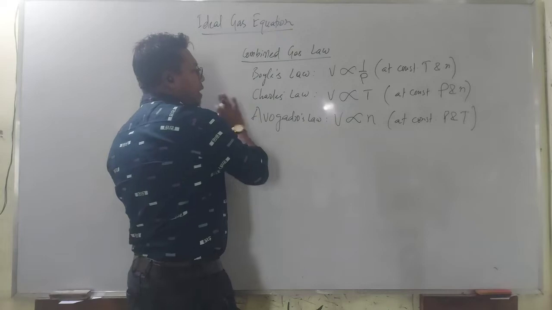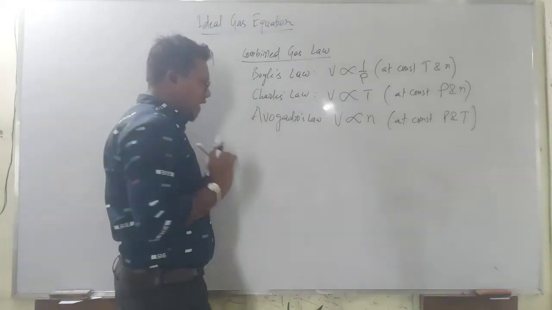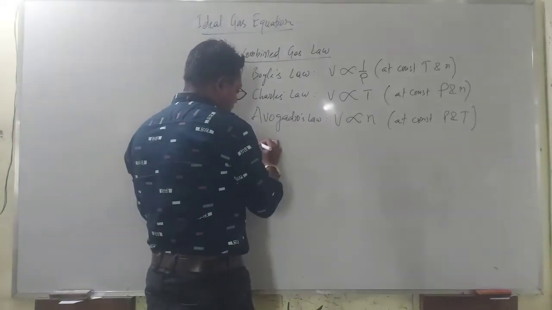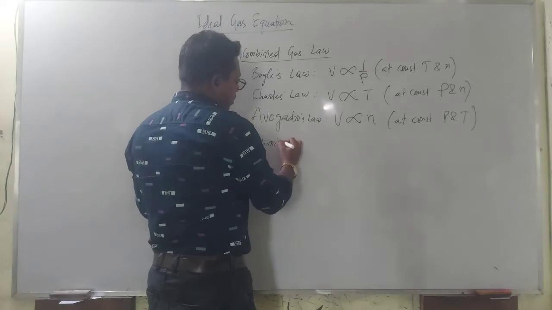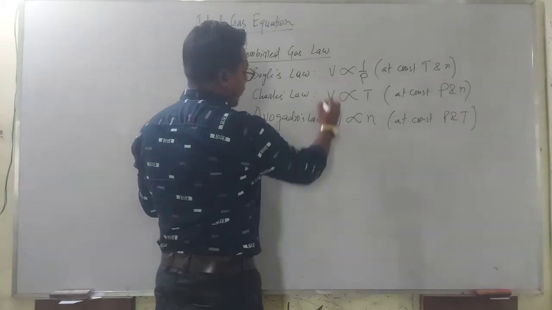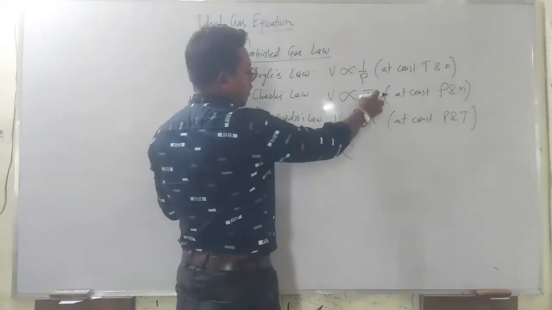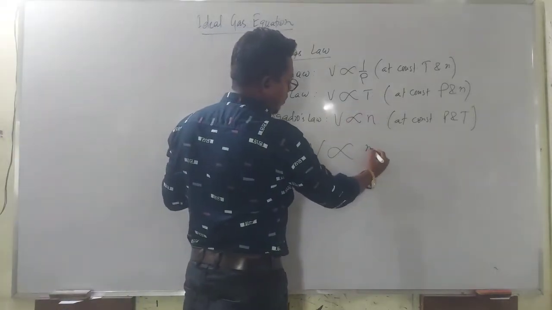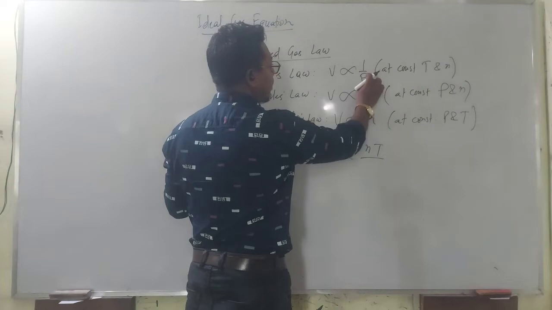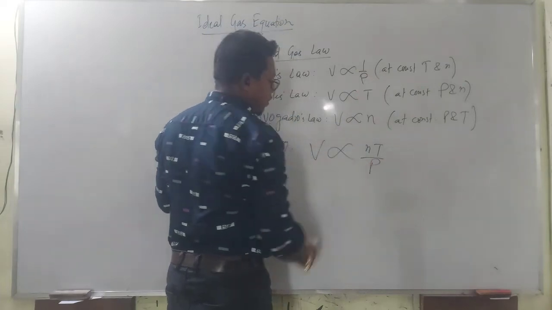So combining these three gas laws, we get: V is directly proportional to temperature and number of moles, and inversely proportional to pressure.